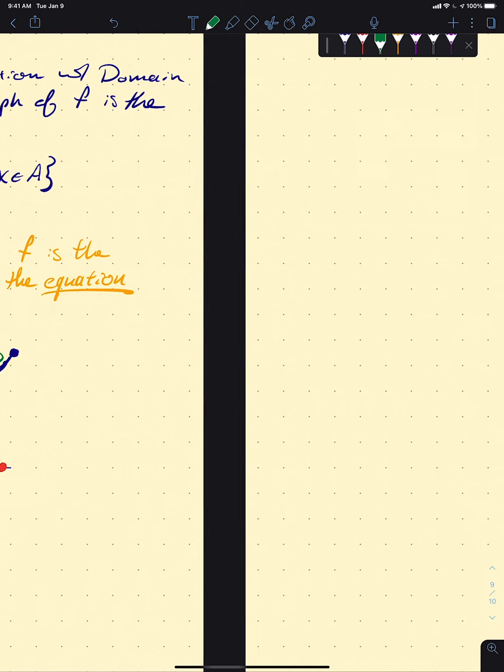And this is very theoretical, so let's try some more specific examples. I know that in your high school math classes, you would have seen graphs of functions like this, so I'm going to go through it rather quickly. Let's say we have f of x equals x squared.